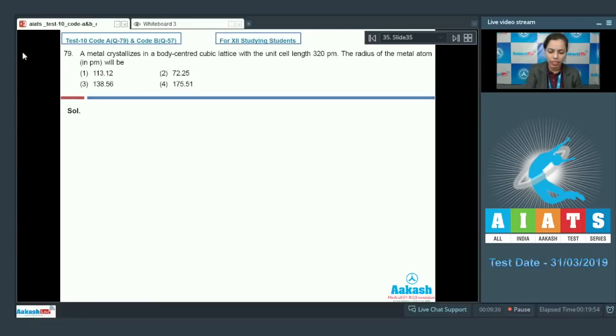Let's take question number 79. A metal crystallizes in body-centered cubic lattice. A question from the solid state we have. With the unit length 320 picometer, the radius of the metal atom in picometer will be? We'll directly take the formula that radius is equal to root 3 by 4 A. The unit cell length A is 320 picometer, and R we need to find out.